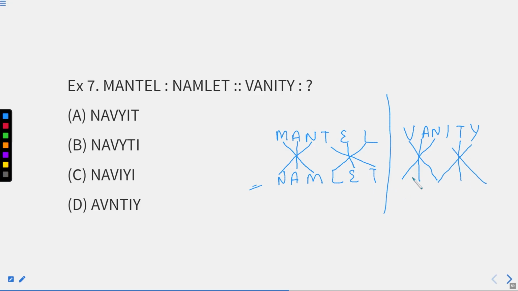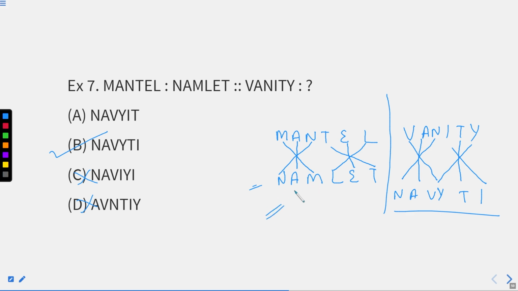So what we are getting? Here we are getting N, A, V, Y, T, I. We are getting this or not? N, A, V, Y, right? T, I. Yes. This is our option. Option B will be our answer.